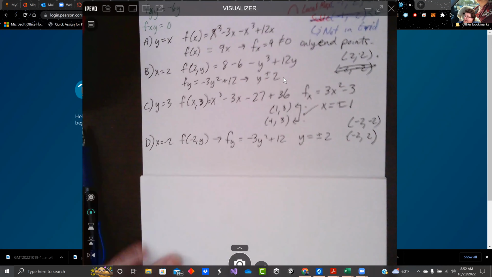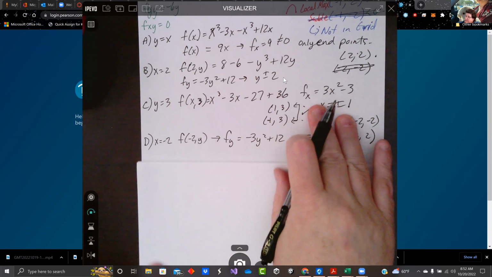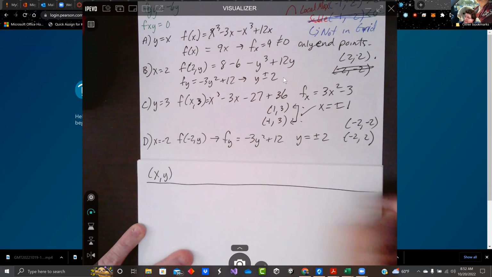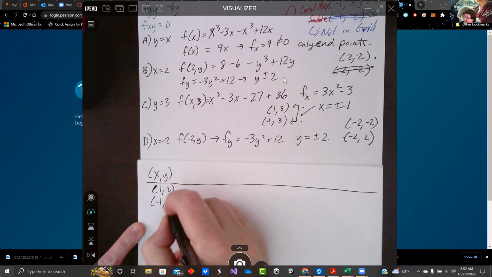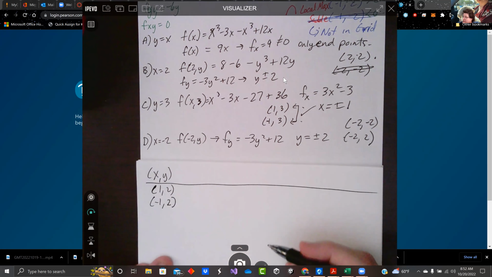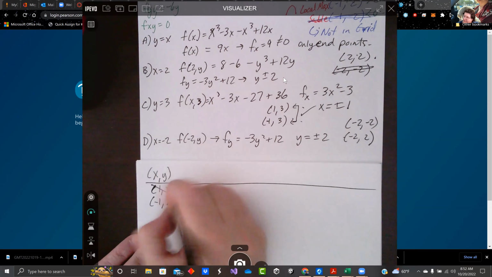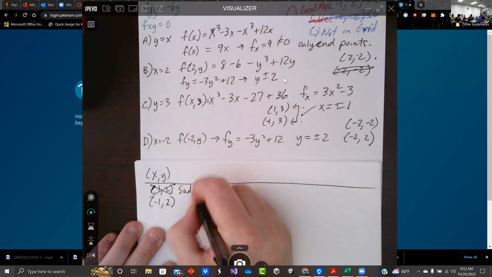So what points do we have? Let me make a little table here. My (x, y) has (1, 2) and (-1, 2) from our max and saddle point. The saddle point clearly isn't going to be an absolute min, so that one's off the list already. Actually, all these are in range, obviously.